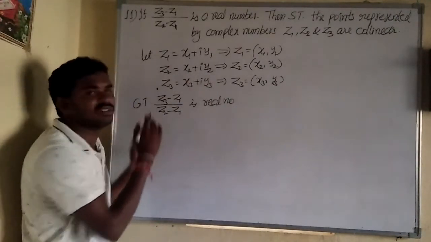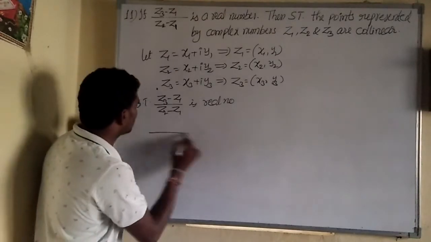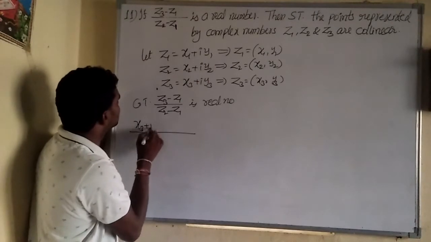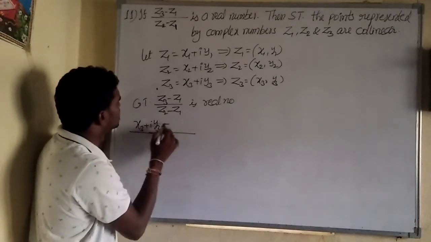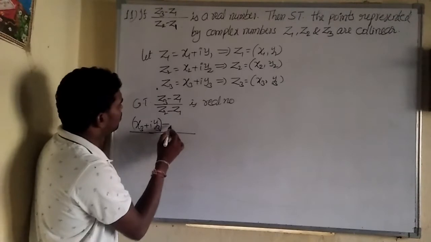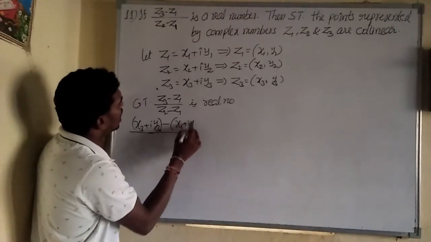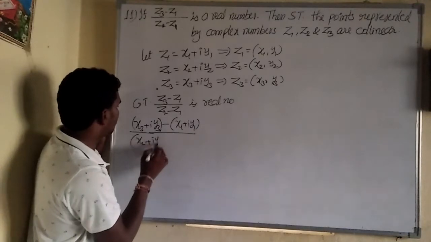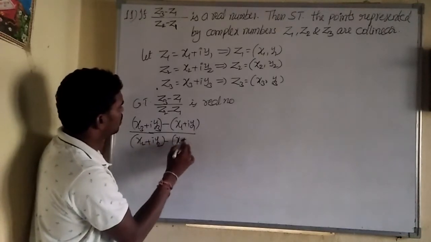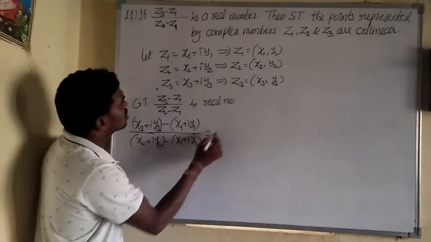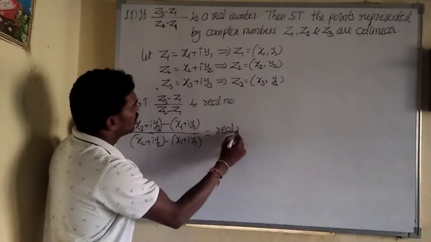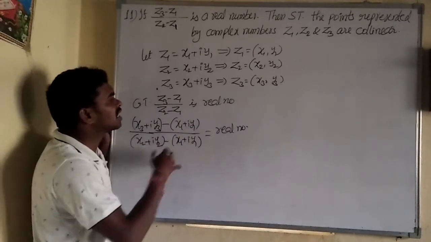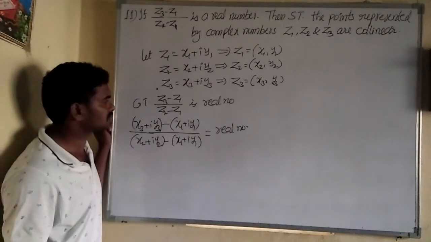First I'm going to simplify this. z3 means x3 plus iy3, minus z1, z1 means x1 plus iy1, by z2, x2 plus iy2, minus x1 plus iy1, is equal to a real number. After simplifying this, we should get a real number.